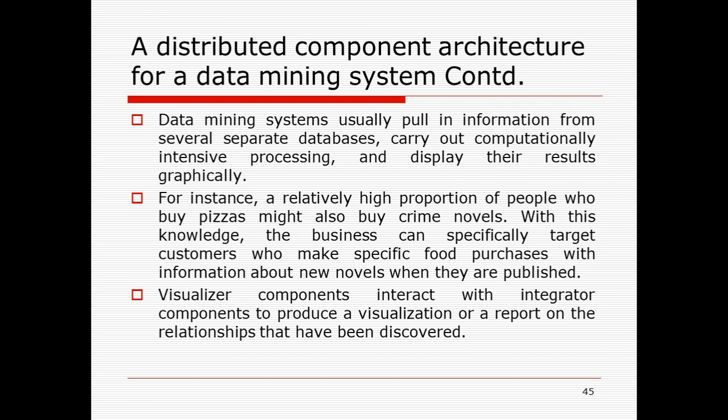Similarly, the visualizer custom component interacts with the integrator components to produce a visualization or a report on the relationships that have been discovered. A visual report can be made with the help of the integrator component.